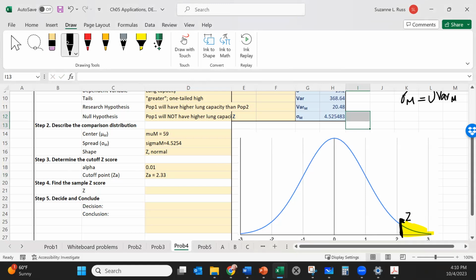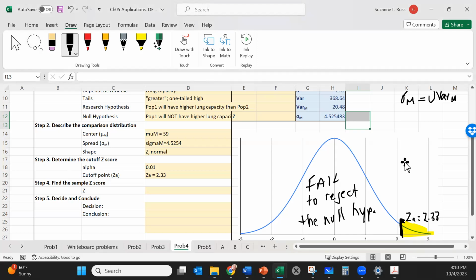So I'm going to write Z alpha equals 2.33. So if I get any sort of a sample z-score more extreme than that, I can reject the null hypothesis. If my sample z-score falls in this region, we fail to reject the null hypothesis.